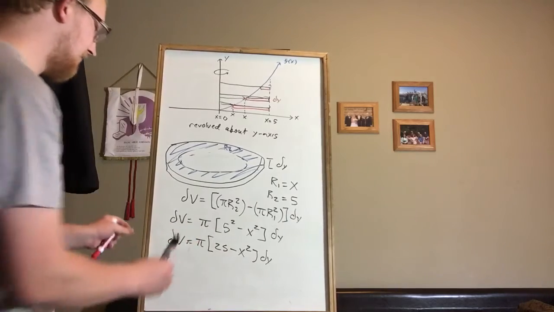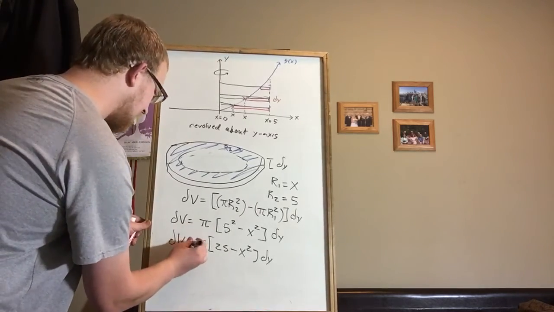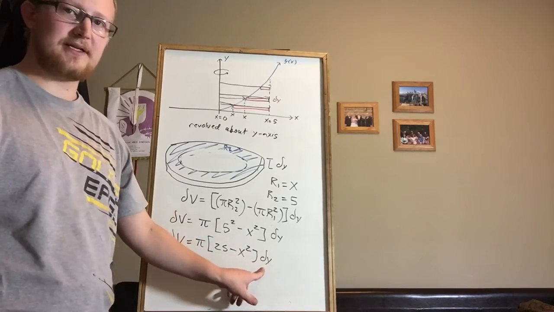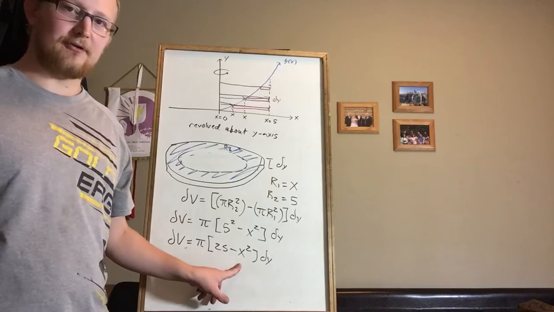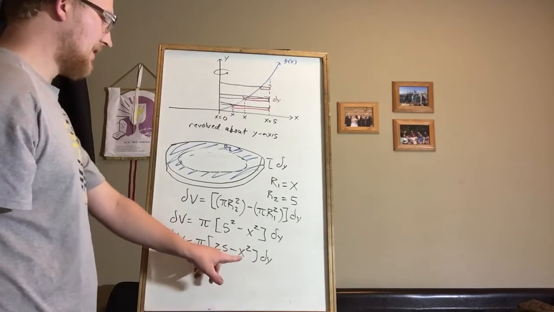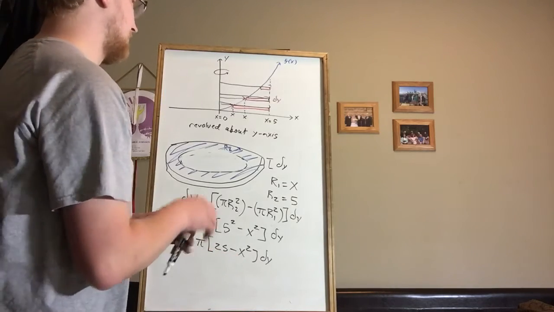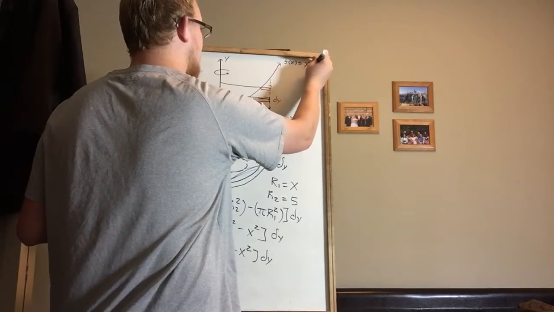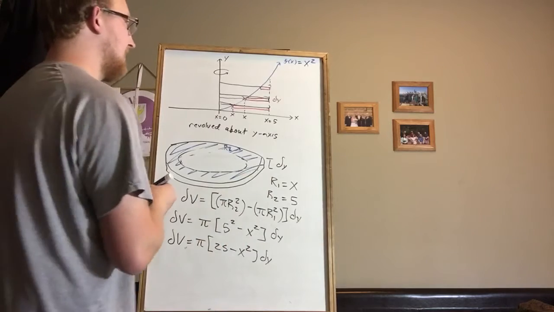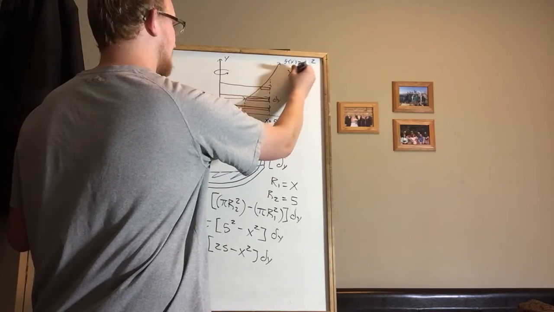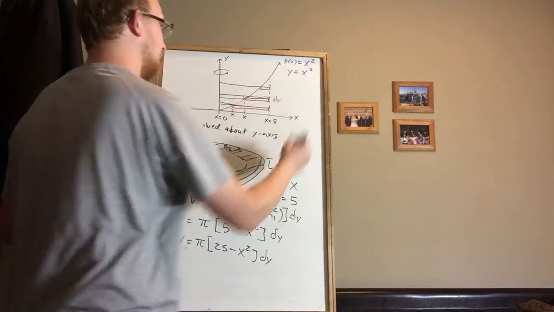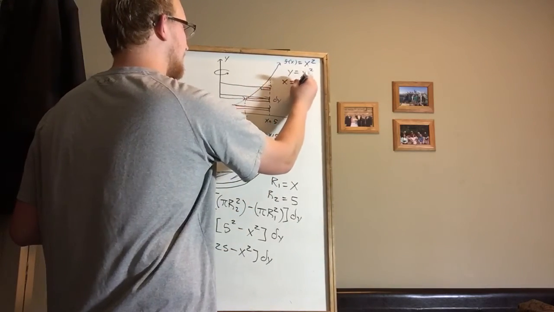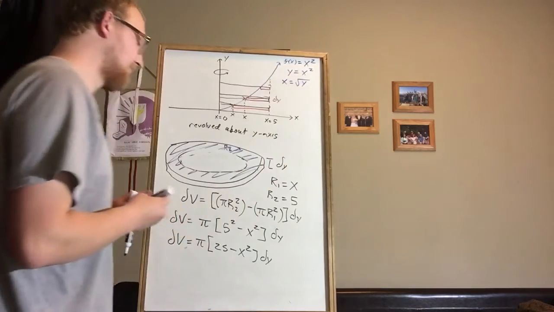Well, here's an important thing to remember: we're not in multivariable calculus yet. So if we're integrating with respect to dy, we need everything in terms of y that's not a constant. So we know what x is in terms of y, because let's say f of x equals x squared. Well, that also means y equals x squared, and we could take the square root of both sides and find that x equals the square root of y.